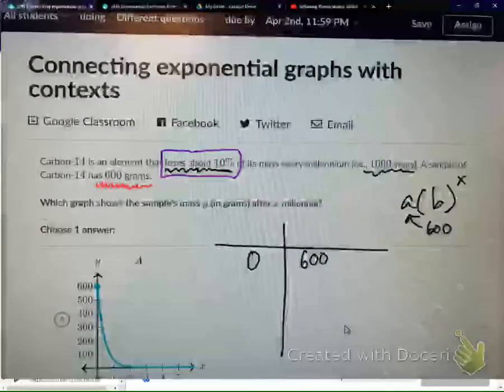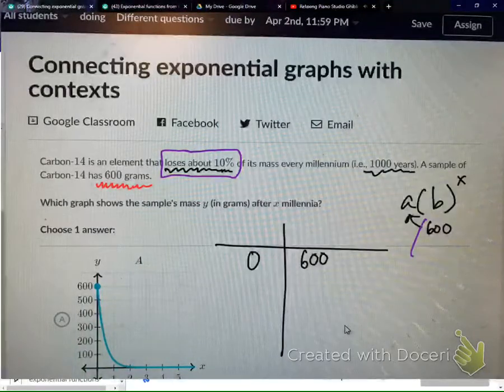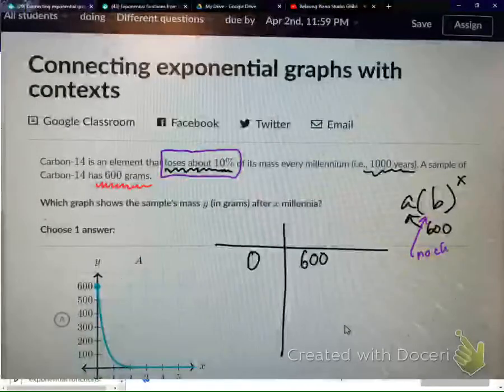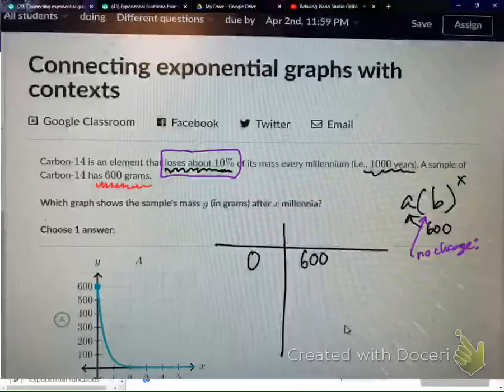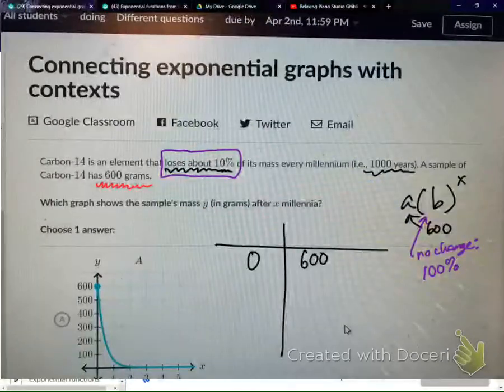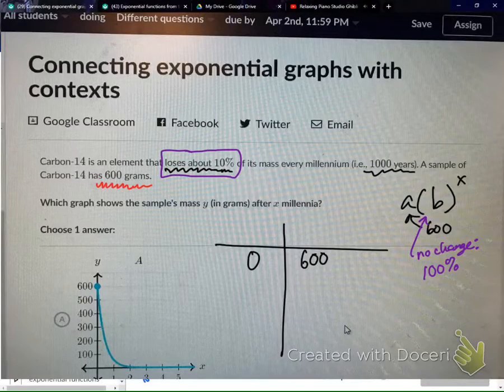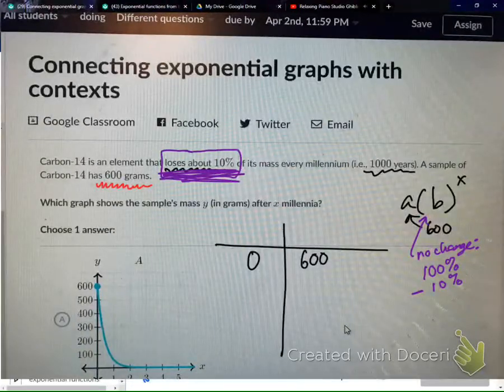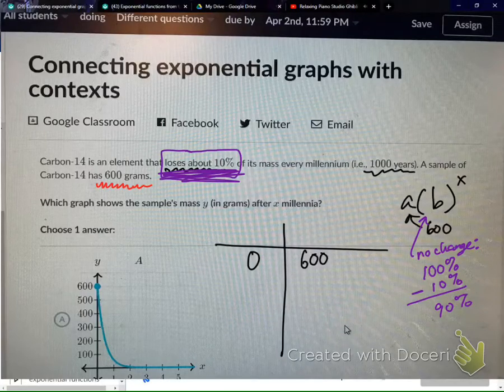The way I'm going to be thinking about this problem is that if no change were made, then I'd have 100% of it. If I didn't make any difference, then I'd have 100% of what I started with. It's not increasing, it's not decreasing, it's simply all of what I had. So for it to lose 10%, that's going to tell me that my base here is going to be 90%, or as a decimal, 0.9.